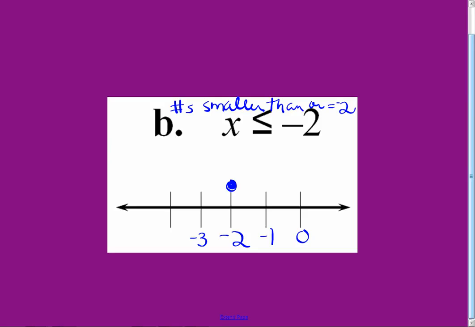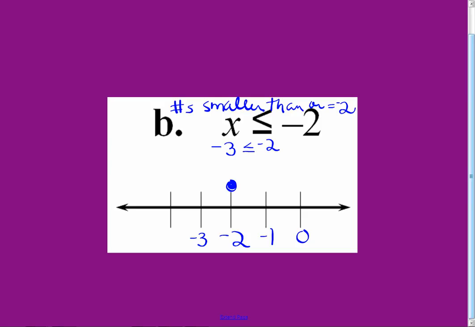Any number you want is either going to be one side or the other. What number do you want to test? Negative 3. Is negative 3 smaller than or equal to negative 2? Is that a true statement? Yes, negative 3 is smaller than negative 2.